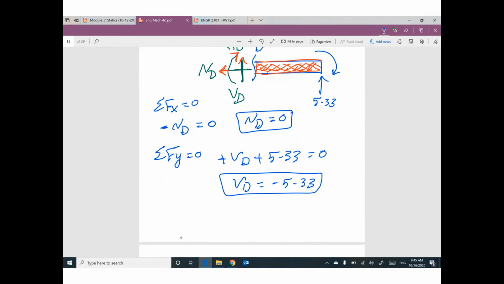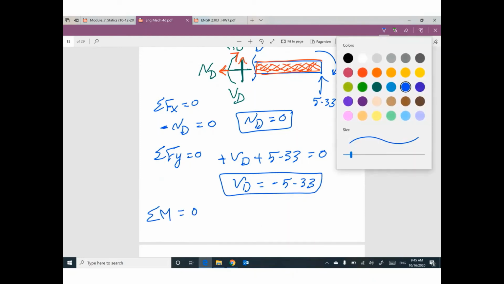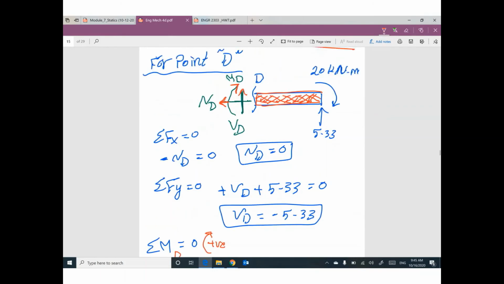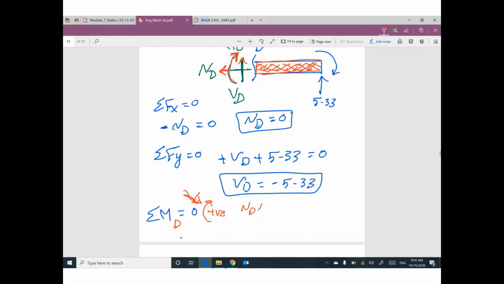Summation moment at any point equals 0. But please take moment at D, assume this direction is positive. This direction looks like this direction. So ND times 0, we don't have distance. VD times 0, we don't have distance.